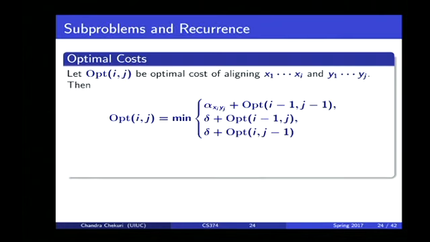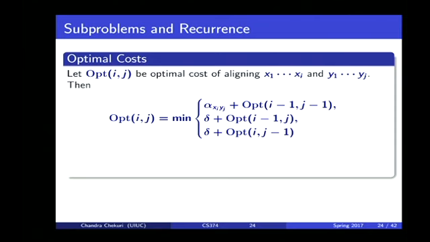And so we understand that we are only generating prefixes, right? So a subproblem by naming is of the form opt ij, where 1 to i is a prefix of the first string, 1 to j is a prefix of the second string. So what is the recursive formula? Opt ij is the optimal cost of aligning x1 to xi with the string y1 to yj.